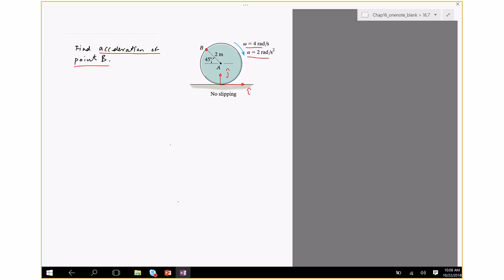We are also told that there's no slipping, which means that this point here, let's call that point C, the velocity of C is 0. Okay, so let's solve for acceleration of B.